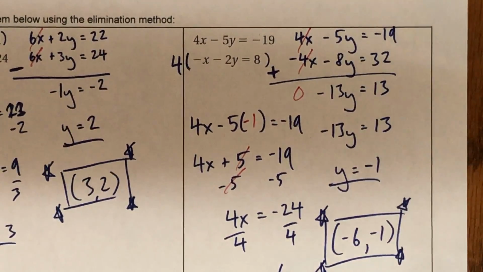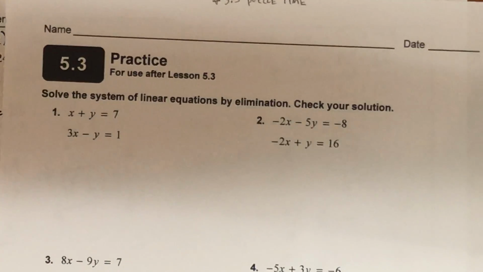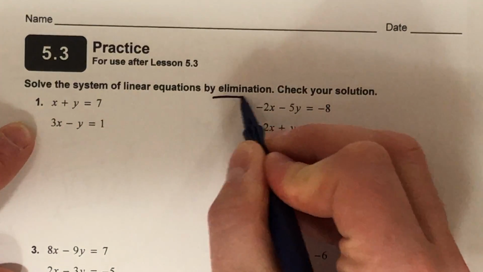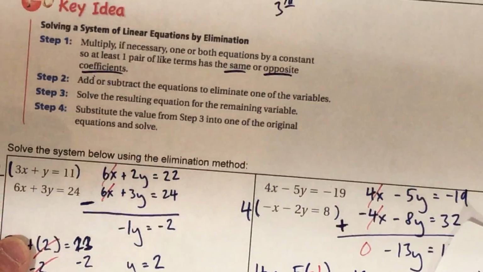Okay, thanks for playing. Next thing you're going to do is go to your 5.3 practice page that looks like this. You're going to solve each of these systems by the elimination method, and if you need to rewatch this video, then you should.